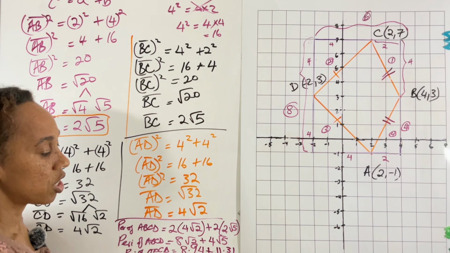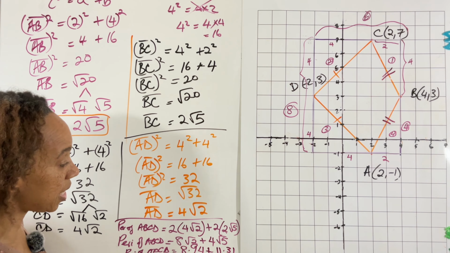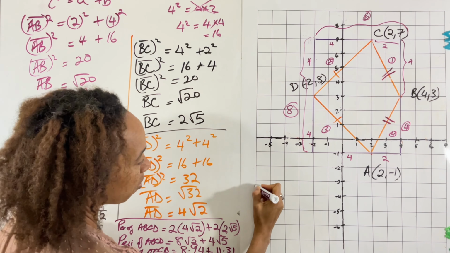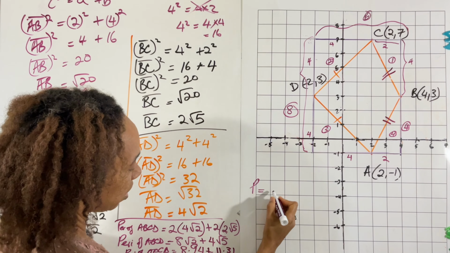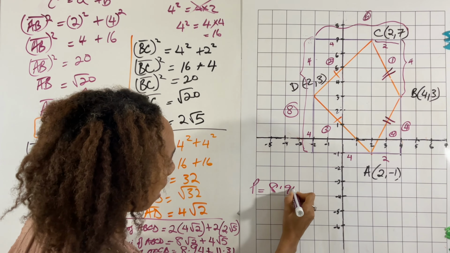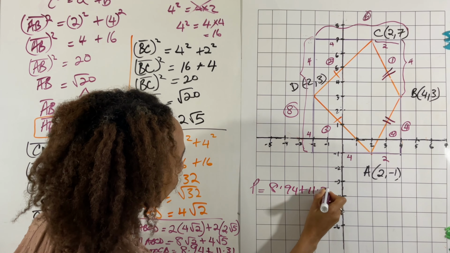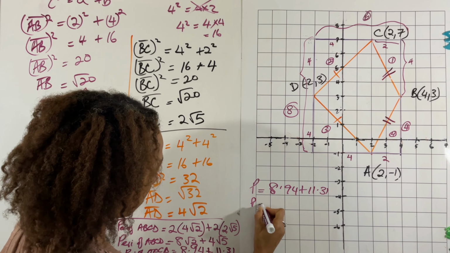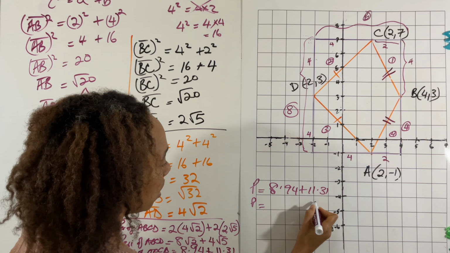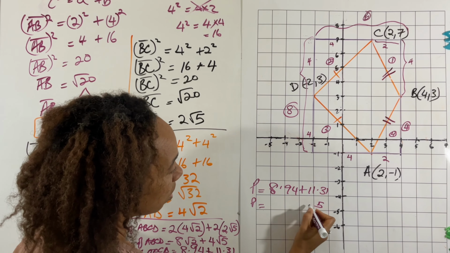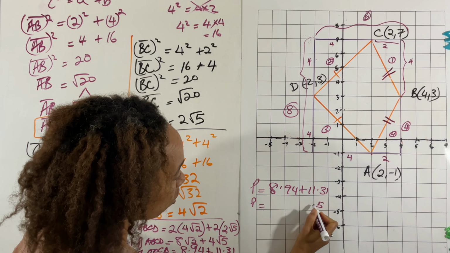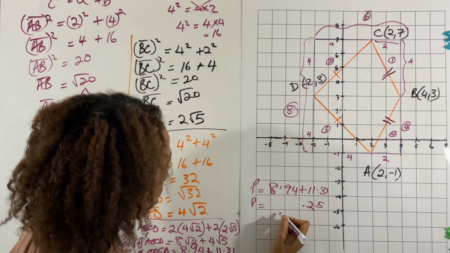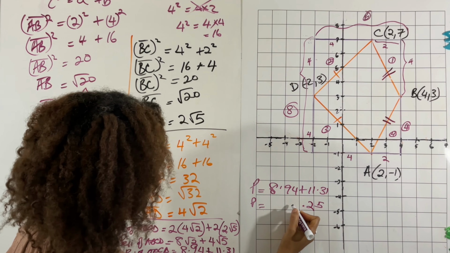So it's going to be 11.31. When you put all of these together, I'm going to write it over here, perimeter is equal, which is 8.94 plus 11.31. And you put it together, you're going to get, the perimeter is going to be 20.25 units.